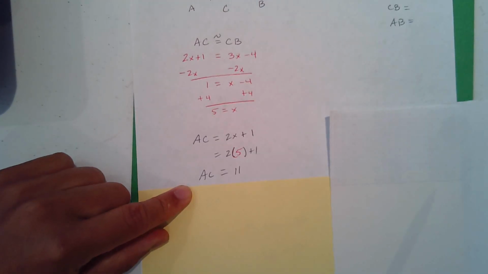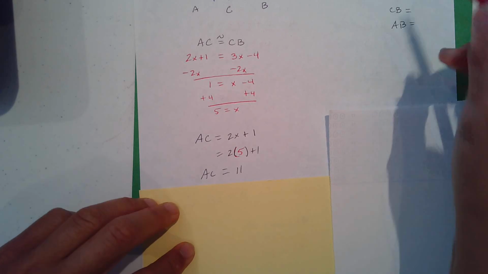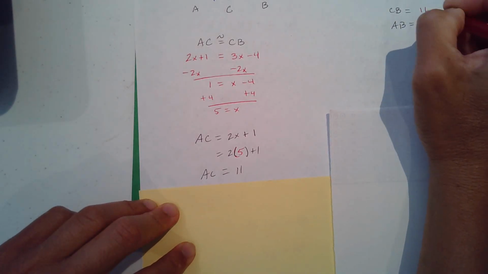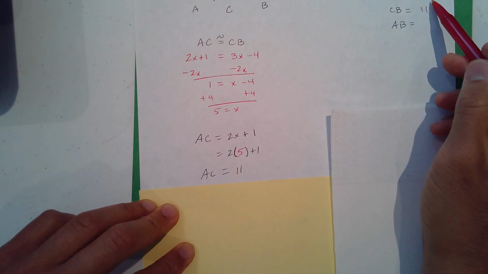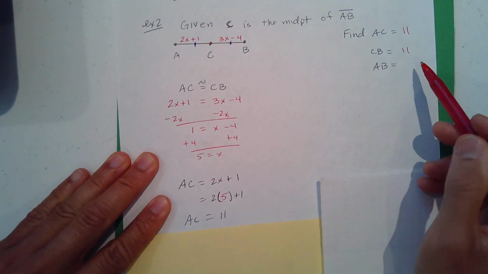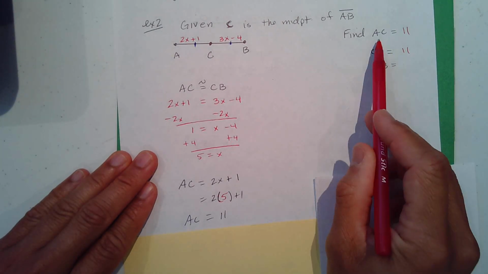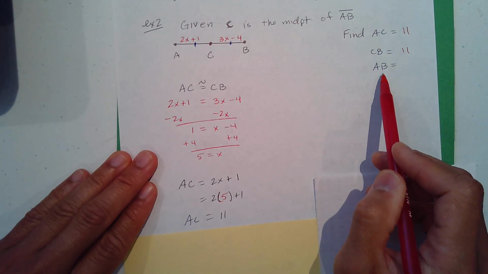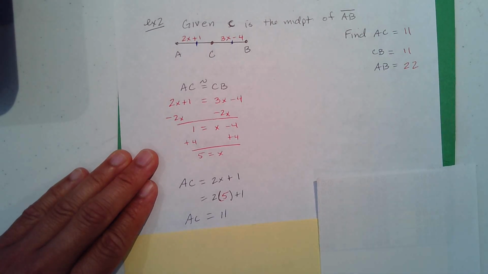Well, if AC is 11, automatically we know CB is 11 because of the midpoint. And if AC is equal to 11 and CB is equal to 11, we know that AC plus CB is equal to AB. Therefore, AB is 22.